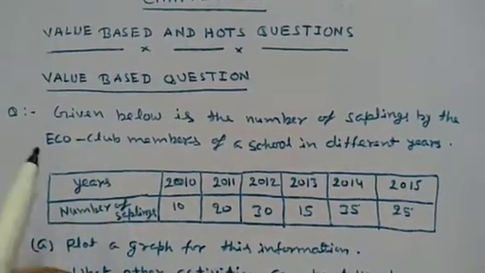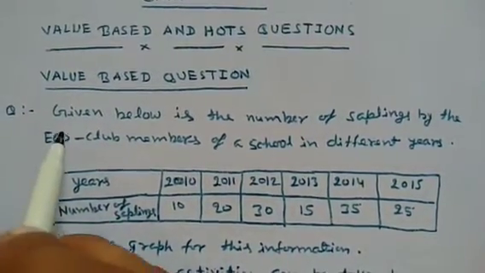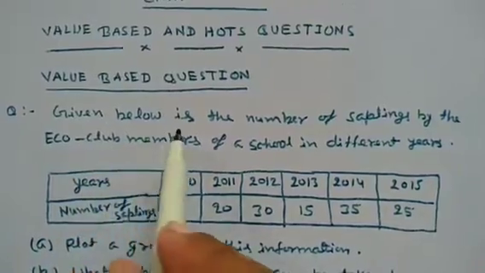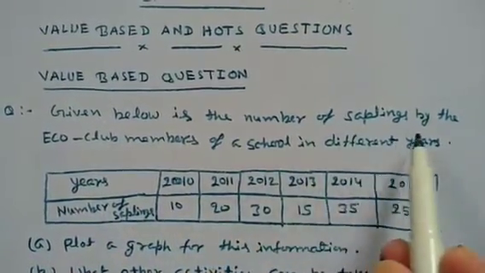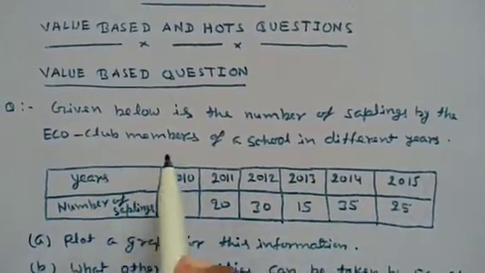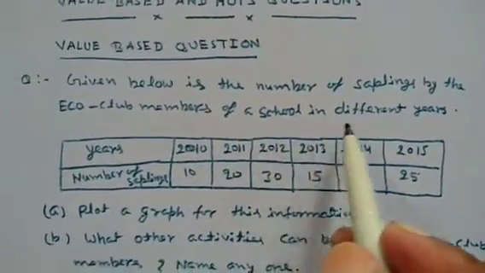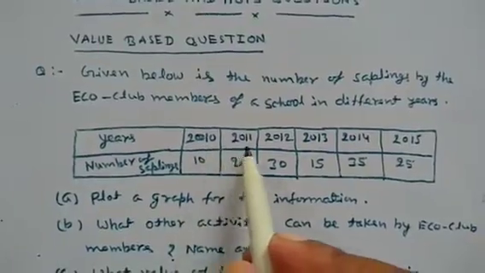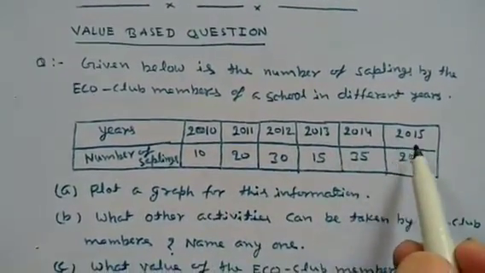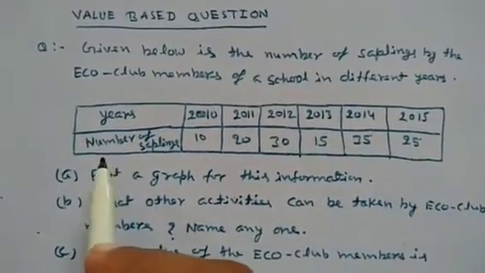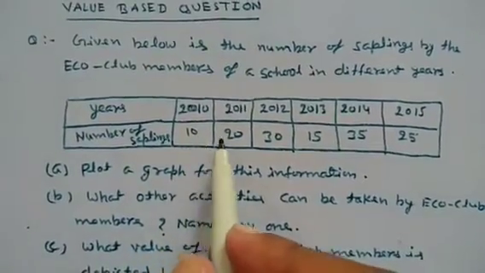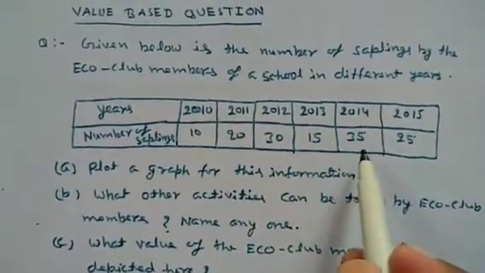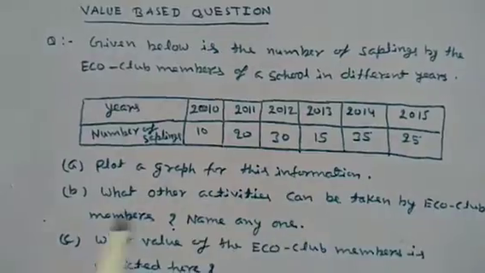chapter 13. The question says, given below is the number of saplings of the eco club members of a school in different years. Years 2010, 11, 12, 13, 14 and 15, and number of saplings 10, 20, 30, 15, 35, 25.